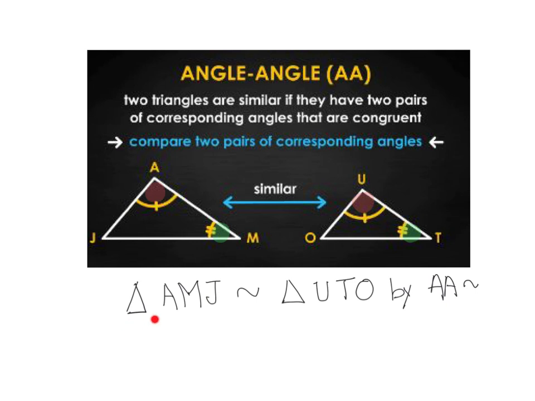So triangle AMJ, remember the naming of these is important, AMJ is similar to triangle UTO, and that would be by angle-angle similarity.